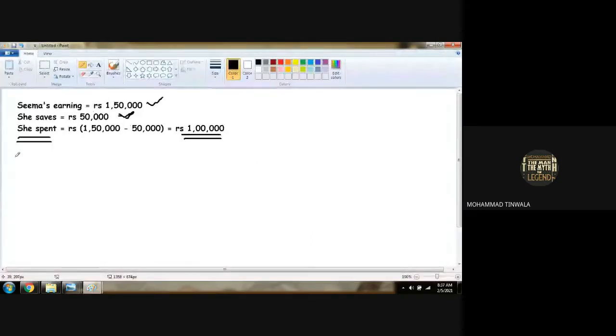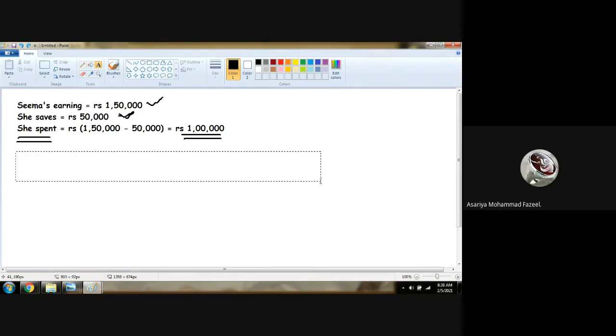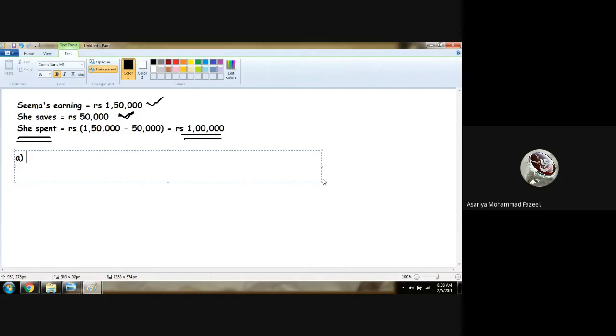Answer A is what? Seema earns to Seema saves, sorry. Okay, wait, I will write it. Chalo. 1,50,000 is to 50,000.